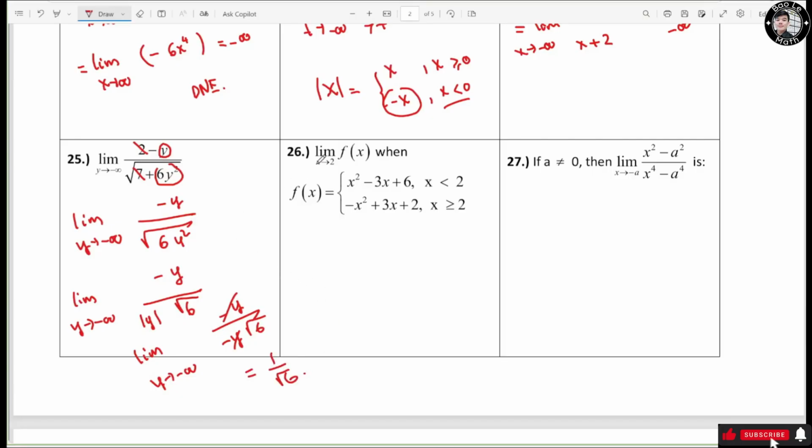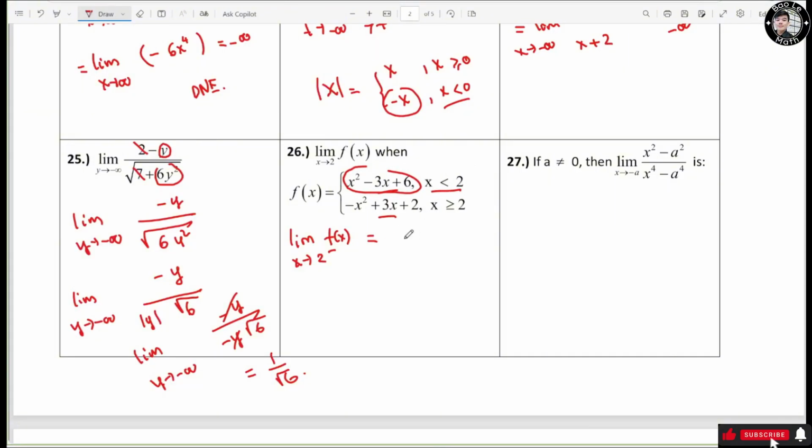Now question 26. Limit of the function f(s) when s approaches 2, where f(s) equals these two pieces. So we need to find the limit from the left and the limit from the right. The limit of f of s when s approaches 2 minus is going to use this piece, because s is less than 2, which means 2 minus.